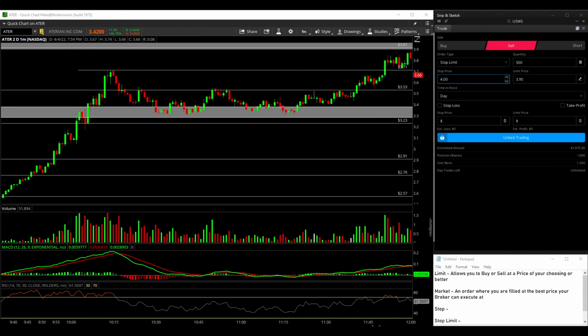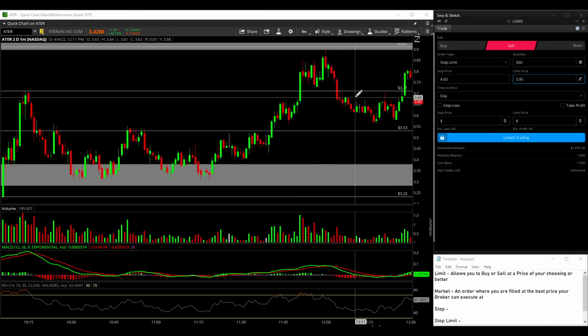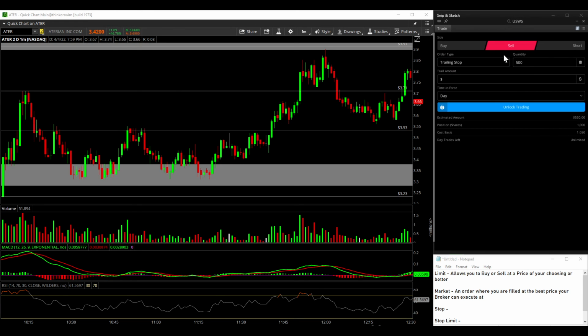This means once the price hits $4, an order will execute to sell your shares no lower than $3.95. It's like a stop order, but instead of selling as soon as it hits the stop price, it executes the order to get you out in this range. That way, if something's falling super quick, you'll get filled most times because you have a range rather than one simple price.